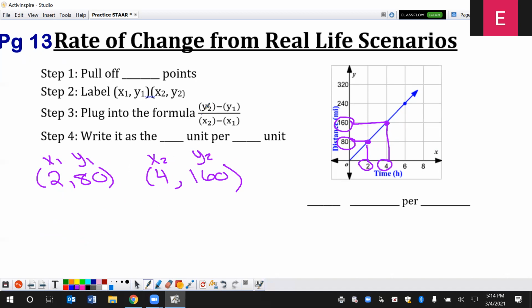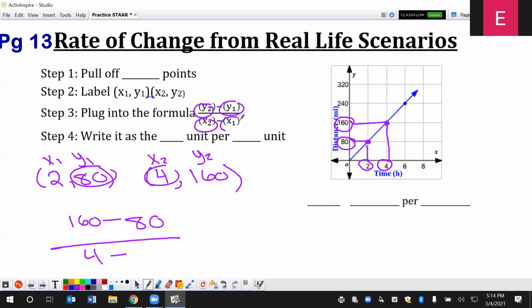So formula of y2 is 160 minus y1 is 80, over x2 is 4 minus x1 is 2. We type this into decimals and that gives me 40.